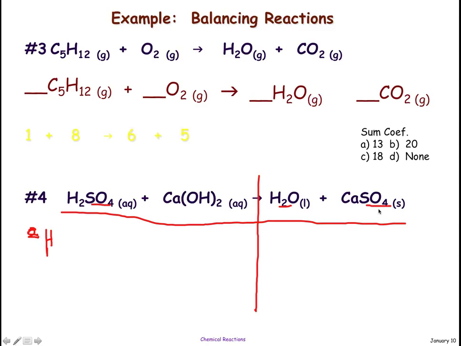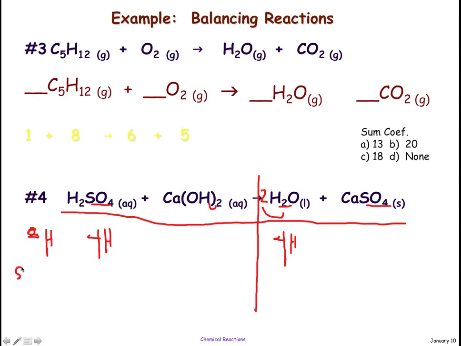So the way I would do this is I would first take a look at my hydrogens. I can see that I got 2 plus 2, that's 4 hydrogens here. To get 4 hydrogens here, I would need to put a 2 right there. That would give me 4 hydrogens. My sulfate, I've got 1 sulfate here, and I've got 1 sulfate here.